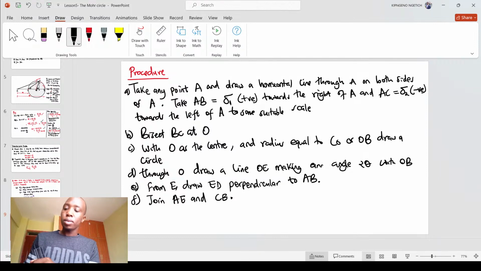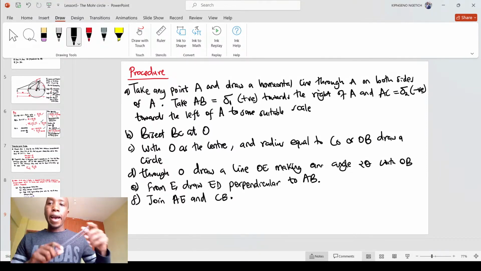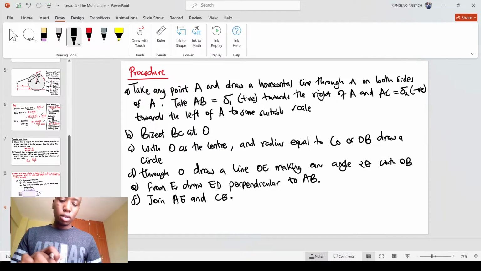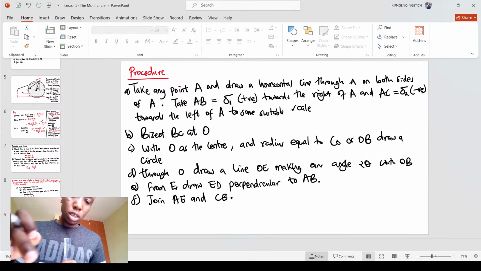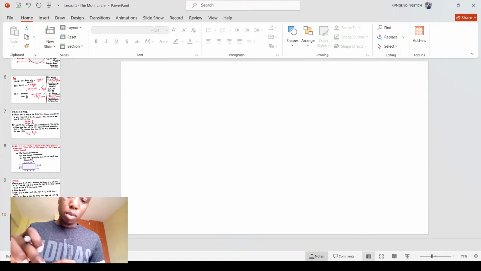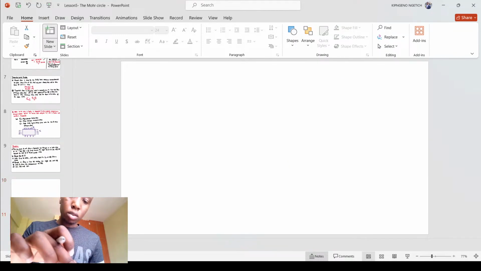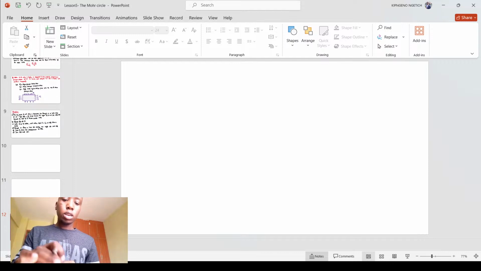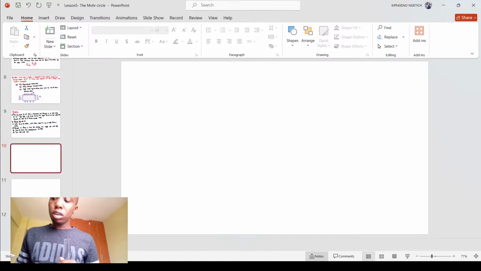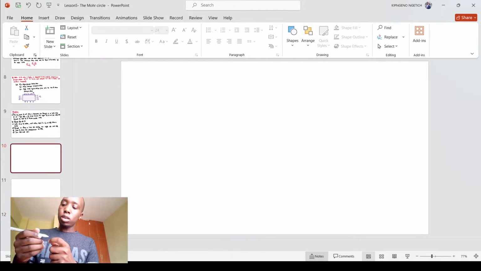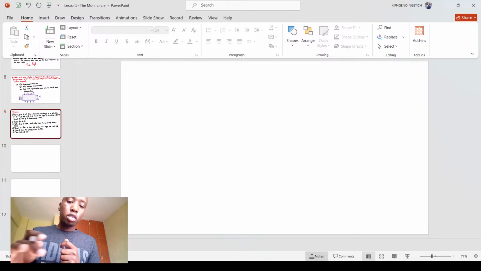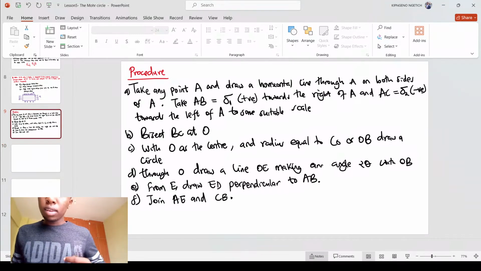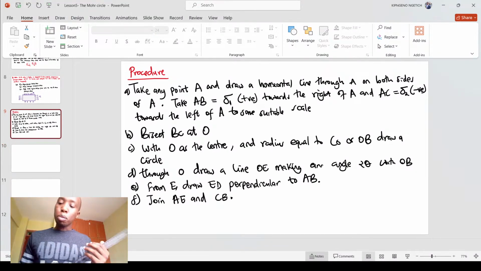So, very good. Let's do that. Have your ruler. Let me add a new slide. So, the first procedure is take any point A and draw a horizontal line through A on both sides.